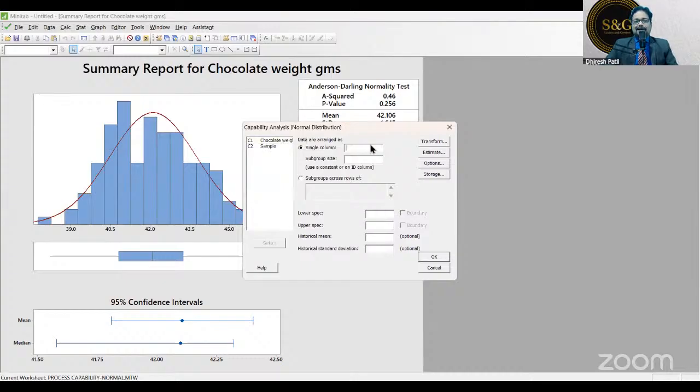In the single column, select chocolate weight. Subgroup size, as of now, there is no subgroup size as such, so we'll just consider one. The lower specification limit is 36 grams and the upper is 48 grams. Okay.